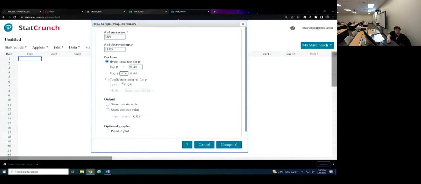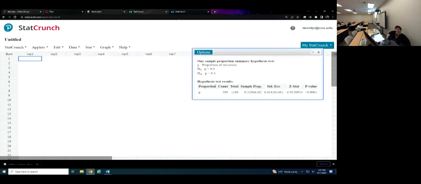That's all we do. Compute. The test statistic we're looking for is the Z-stat. So I'm going to write that down on the page. The Z-stat equals, I'll just go to 3 decimal places, 4.932.